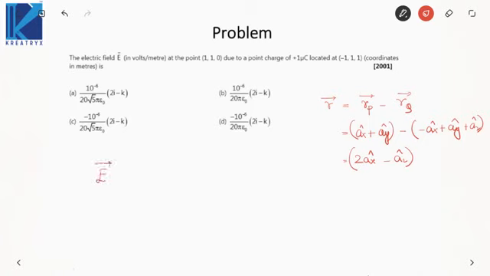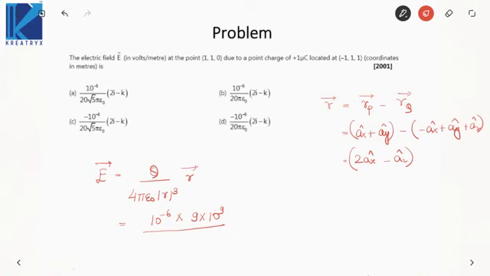So what is the electric field? Electric field will be Q by 4 pi epsilon naught mod r cube into r vector. So what is the charge? 1 microcoulomb. 1 by 4 pi epsilon naught is 9 into 10 to the power 9.